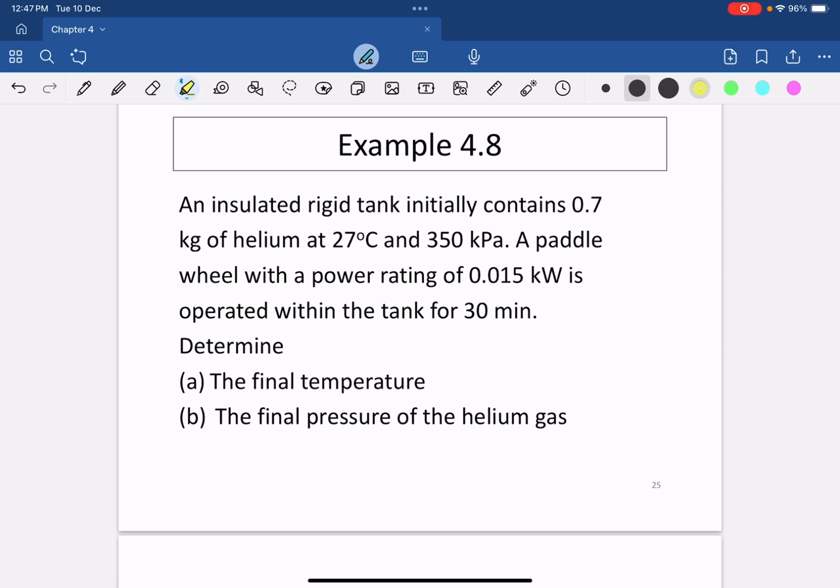If we look at this equation, we are strictly thinking about how to get the temperature.